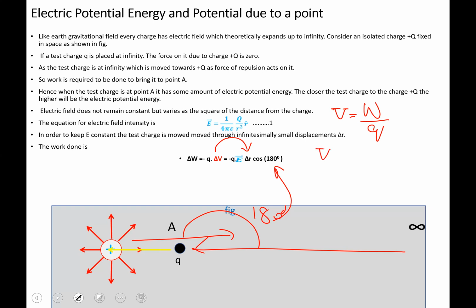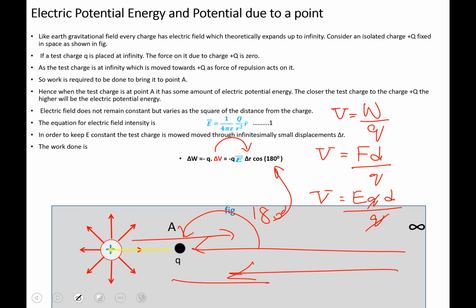We also know that W is equal to F into D, divided by Q. We already have the formula of force, which is represented as E into Q, divided by Q. So this Q cancels out with this Q. And if the work is done in the opposite direction, that means if we apply the force in this direction and the displacement is in this direction, or vice versa, then the angle between these two is going to be represented as cos 180.